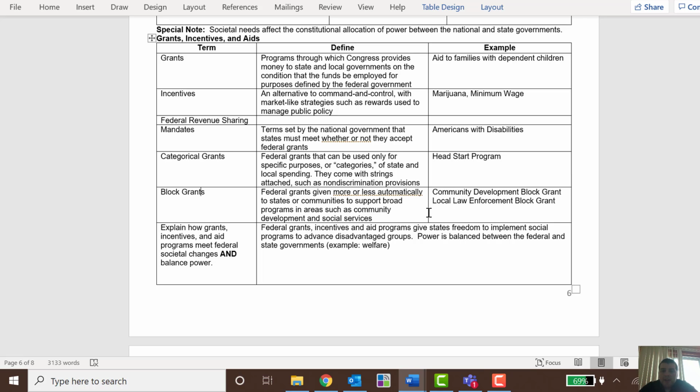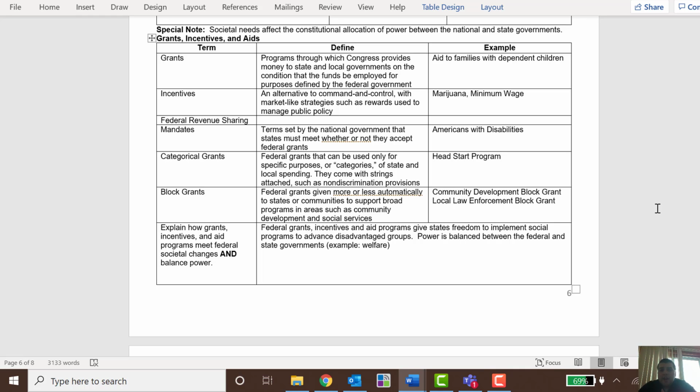A block grant is a little bit different. Okay, so they're more or less given automatically to states or communities to support broad programs. If you might remember, we talked a little bit about the Buffalo Billion before break, right? That the city of Buffalo was given $1 billion to help develop the city and things like that.